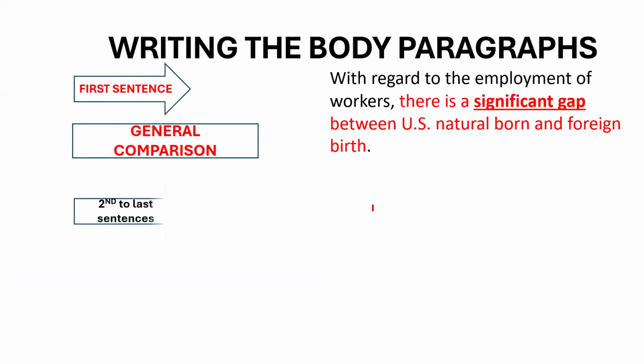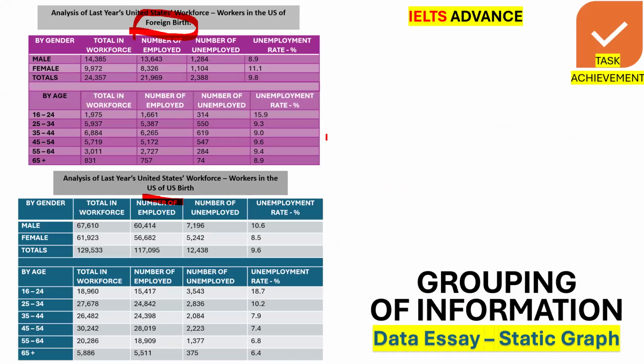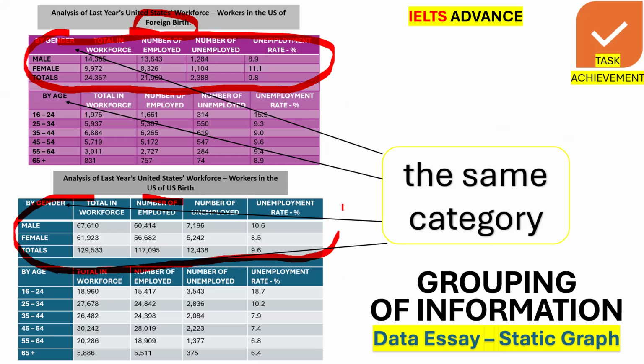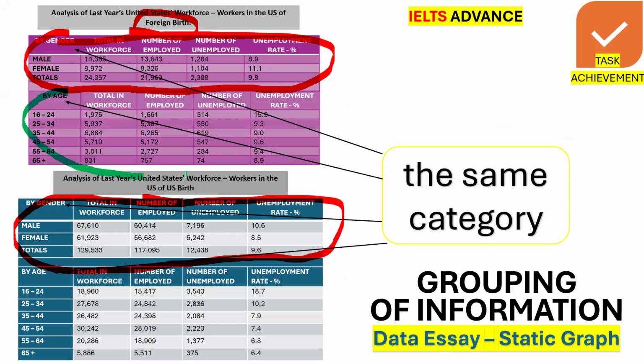So we group the information. So as you can see, we group the information here. So this is our first body paragraph, gender. This one is our first body paragraph. And this is our second body paragraph in both graphs.